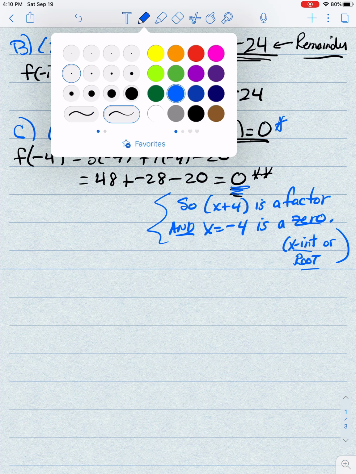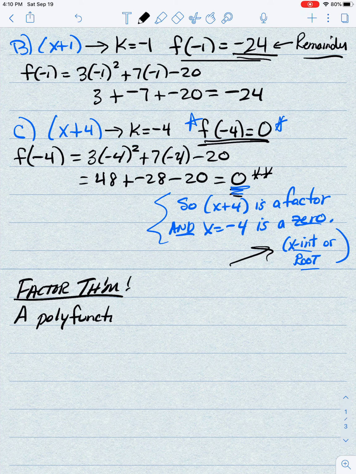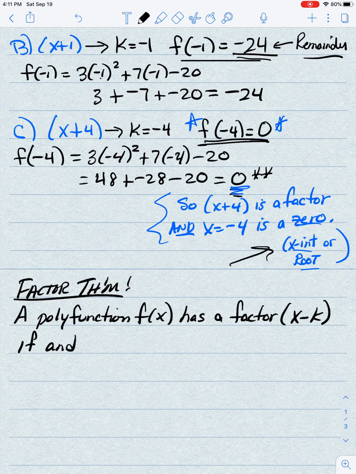Okay, so while I mentioned it, let's put on here the factor theorem. The factor theorem just confirms this idea right over here. It says a polynomial function f of x has a factor x minus k if and only if f of k equals 0.